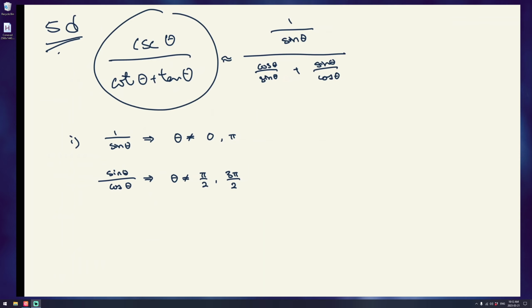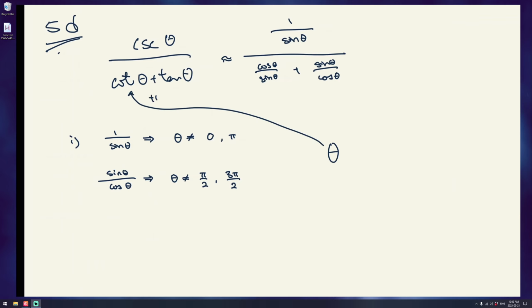So let's think about it. If there was a way, like a single theta, such that it would cause cotan to equal positive 1, and using the same theta cause tan to equal negative 1, then that is no bueno, right?